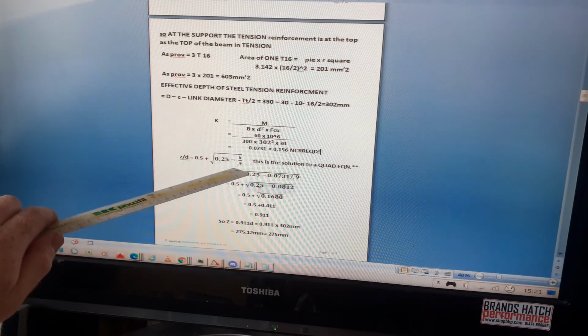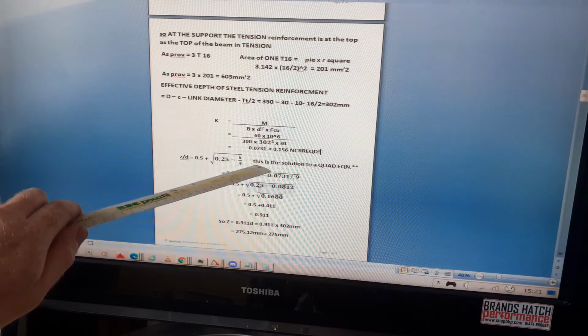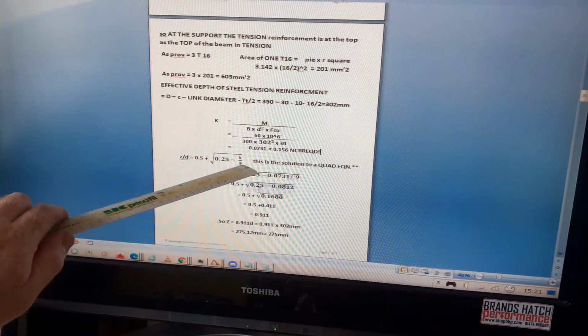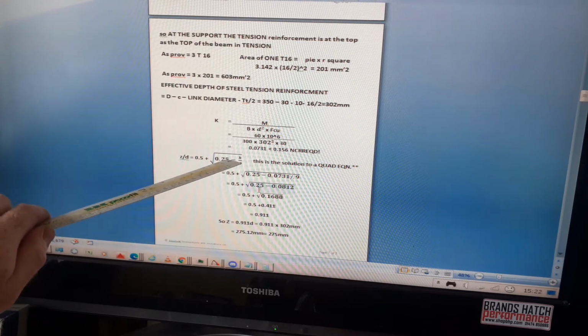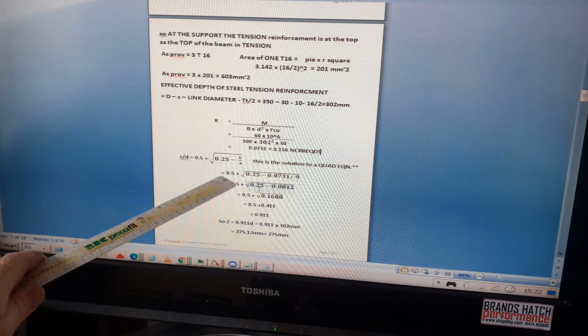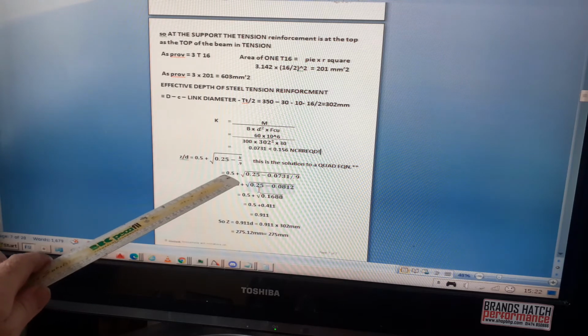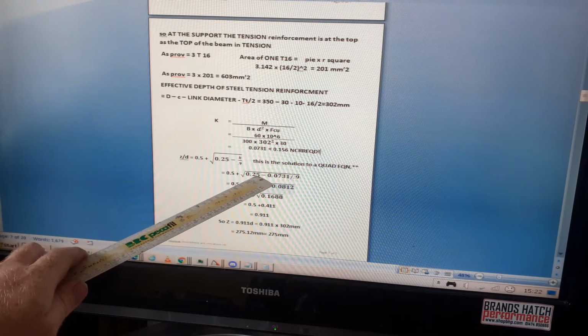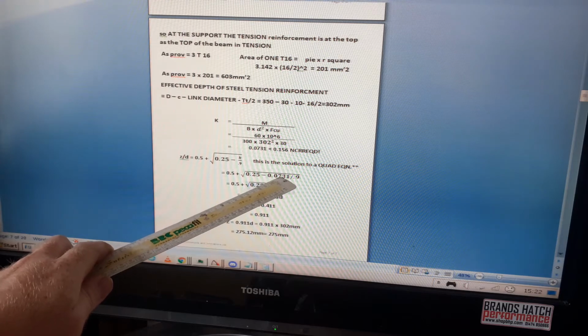It doesn't say that directly in the code, but I was curious, so this format of the solution is the solution to a quadratic equation. So basically you get Z over D equals 0.5 plus the square root of 0.25 minus 0.0731, that I calculated there, divided by 0.9.